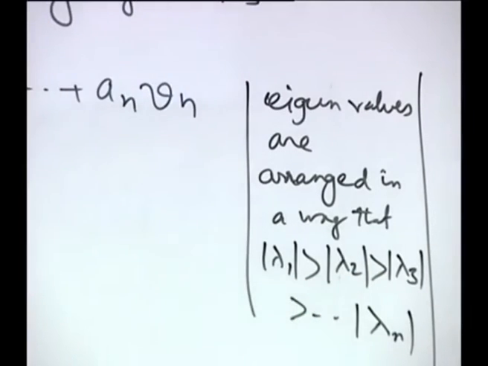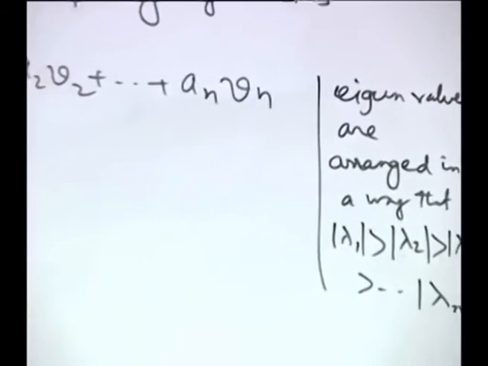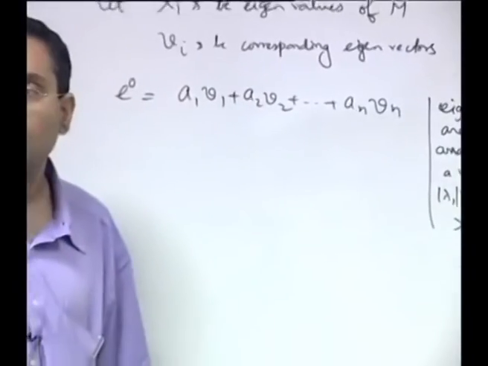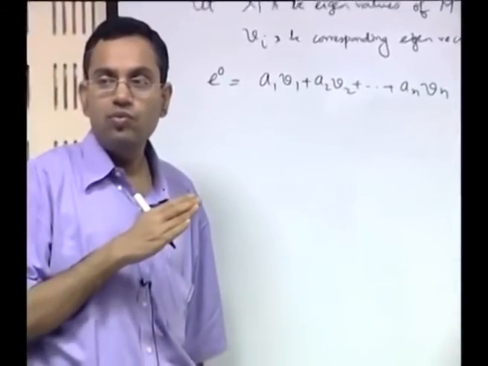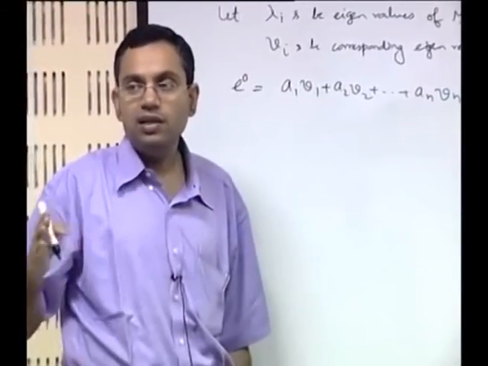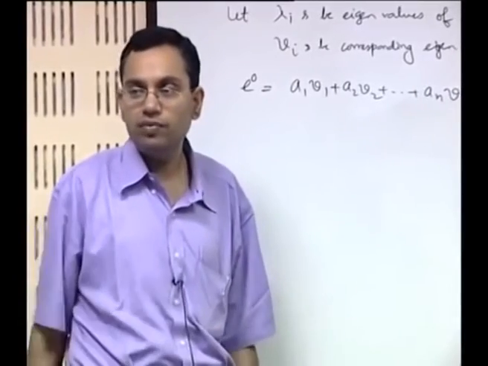So lambda 1 is the eigenvalue with the maximum magnitude. Out of all possible eigenvalues, lambda 1 is the maximum. So we are arranging the eigenvalues in descending order of magnitude.